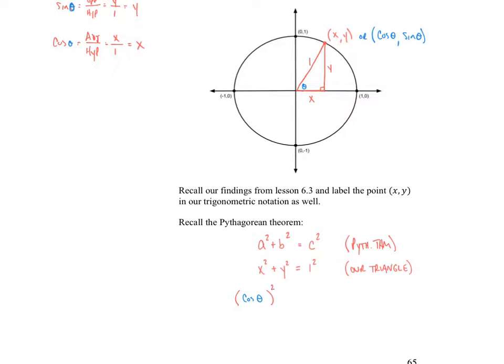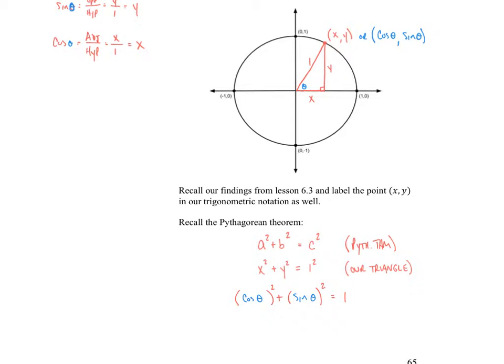So I could say, instead of x squared, I could say cosine of theta squared, because we've decided that those two things are the same. Instead of y, I could say sine of theta, because we know from dealing with this same right triangle that sine and y end up being the same thing when we discuss coordinates of the points on this unit circle. Equals 1, because 1 squared is 1.